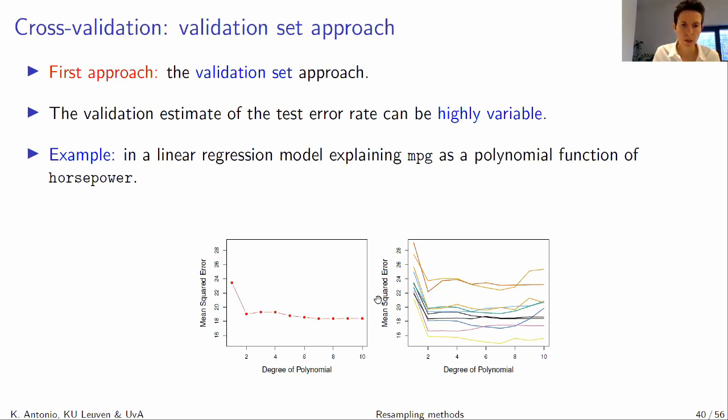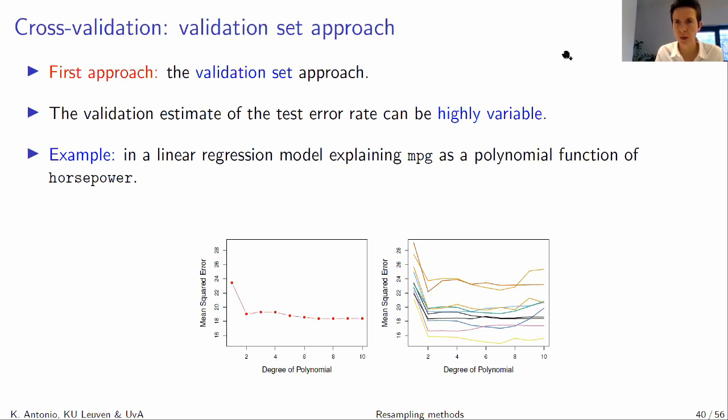So here on this graph, I do this for just one split of the data into training and validation set. And here I repeat this exercise if we do this multiple times. So what you'll see here, and that's the second bullet on this sheet, is that this validation estimate of your test error rate can be quite variable, right? Depending on how you do the splitting into 70% of training, 30% of validation data.